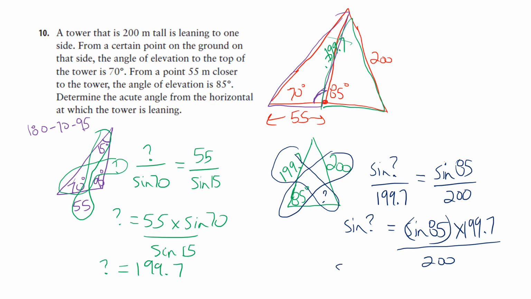We're going to do 4 decimal places. So 0.9947. And then you're going to do sine inverse of 0.9947 to get an answer of 84 degrees.